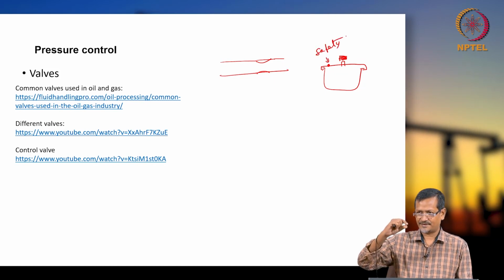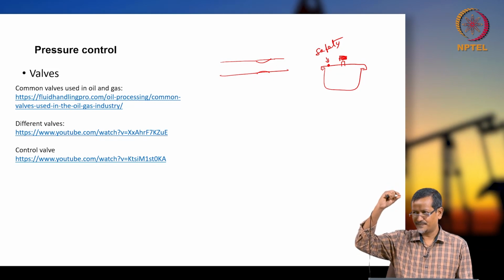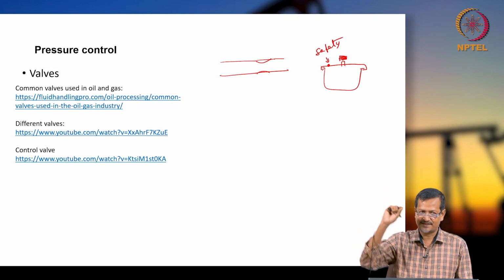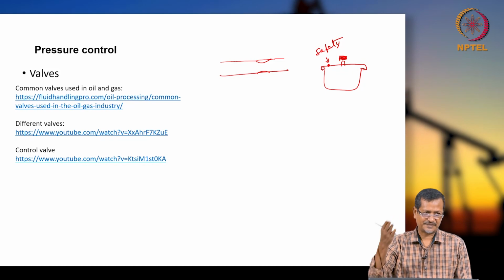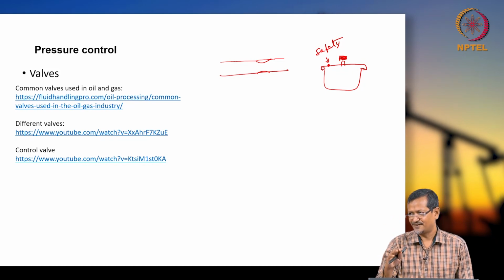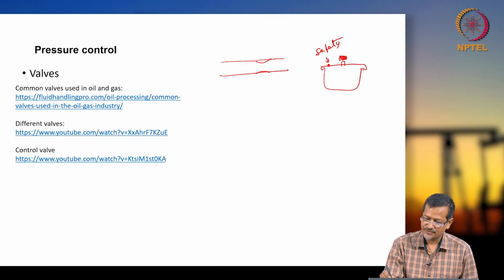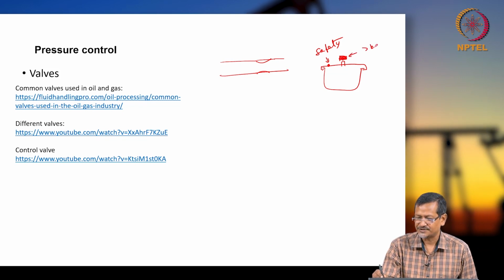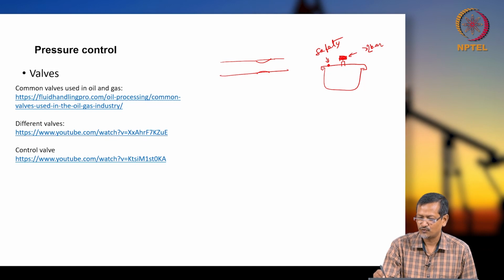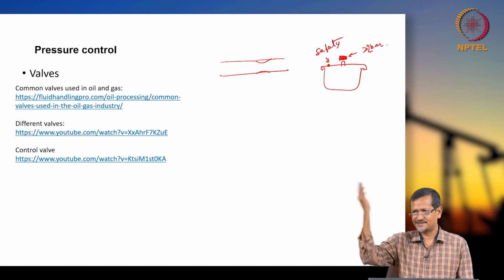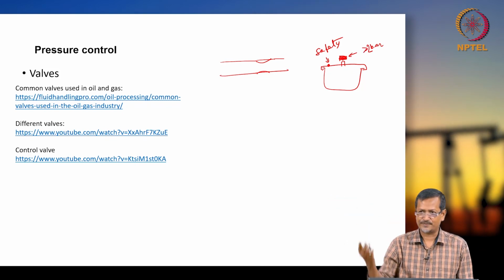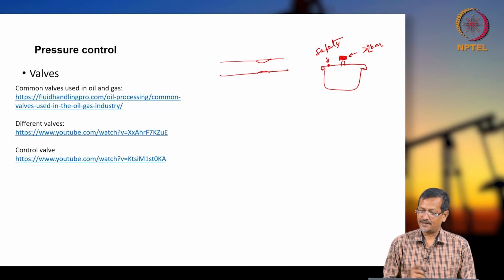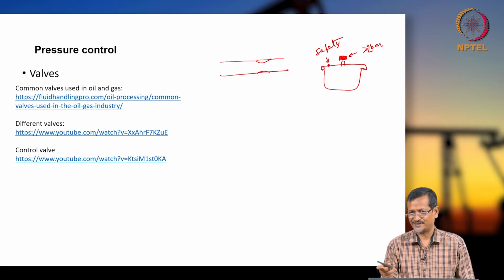If that needle valve is not moving up and not releasing pressure, then the safety valve will work and release pressure and everything will be safe. So this valve will operate if pressure is more than 2 bar, it will open, noise will come and gas will be released, right. So this is a safety valve and pressure control valve actually.